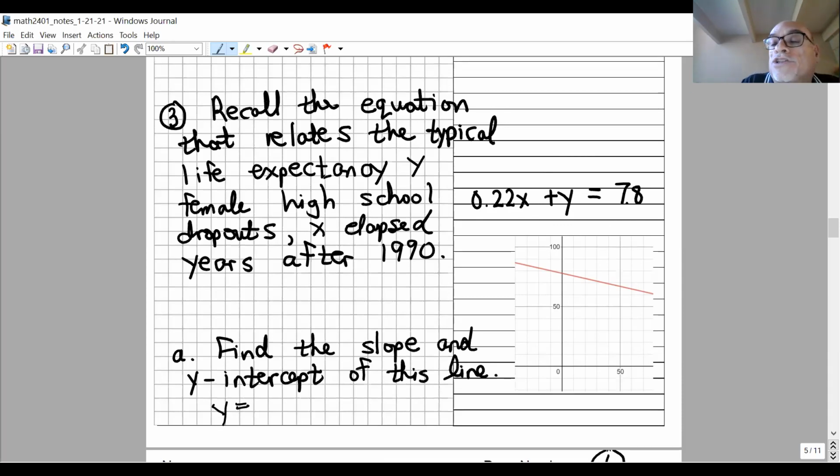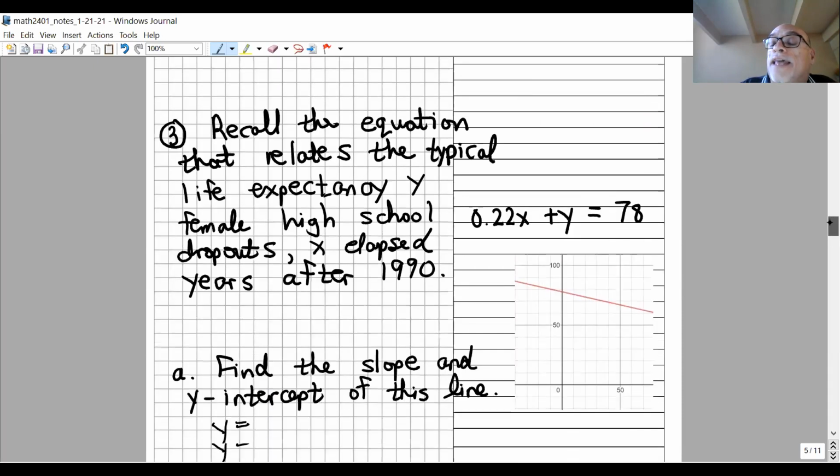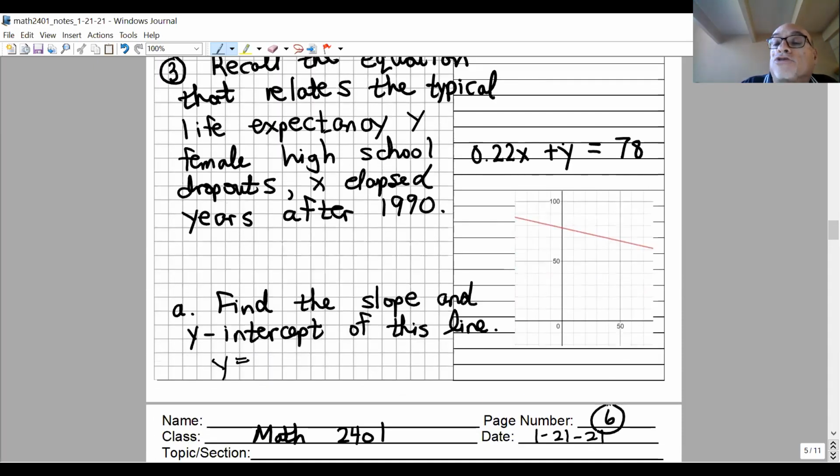That means you have to solve the equation for y. In this case, you just take the other terms other than y and move them to the other side of the equation.